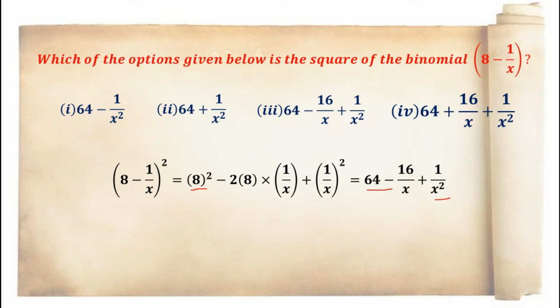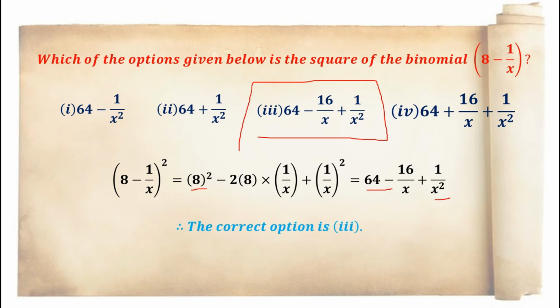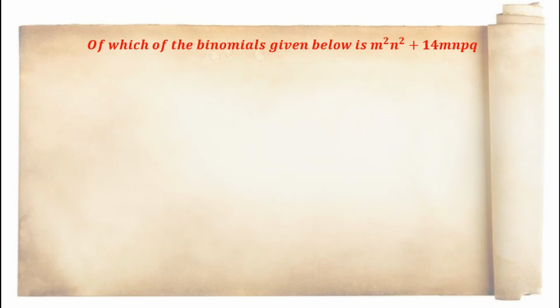So here you will see the option number 3 is the correct answer. Okay, so the correct option is option number 3. Okay, like this. Now we'll move to the next question.